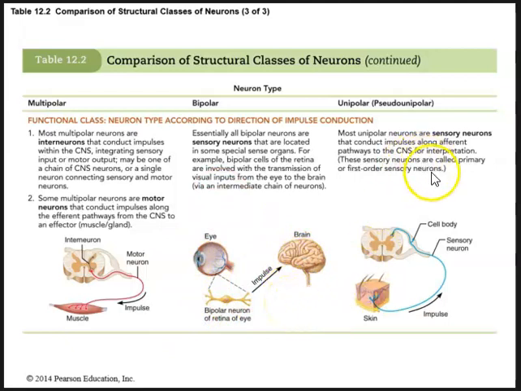And then our unipolar, most are sensory neurons that will conduct impulses along the afferent pathways to the CNS for interpretation. So these are called primary or first order sensory neurons. So we have these unipolar sensory neurons in our skin, and it will travel up and go towards the CNS.